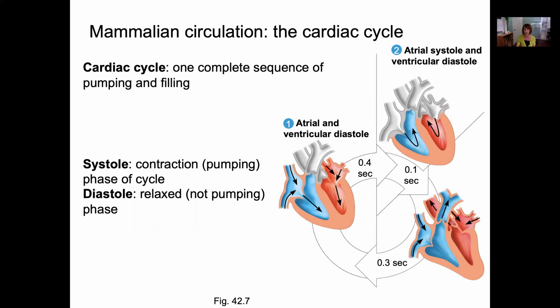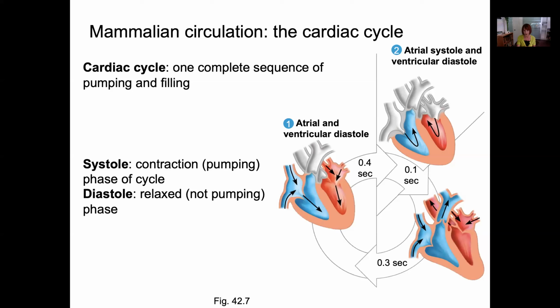Okay. And then there's a very brief atrial contraction, and this is atrial systole. The purpose of this is to empty the last of the blood out of the atria into the ventricles before the ventricles contract to send it out to the pulmonary and systemic circuits. Okay, that's very brief.